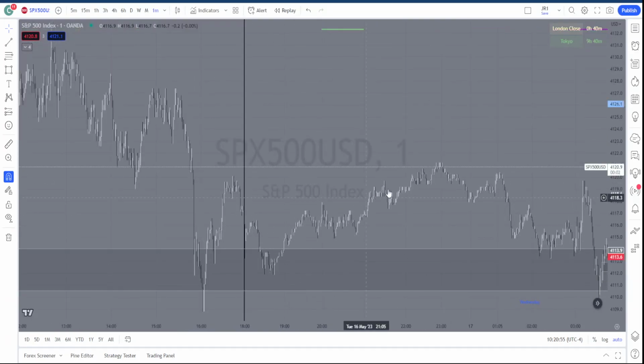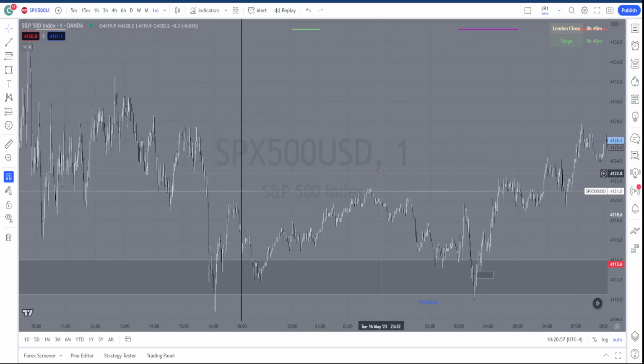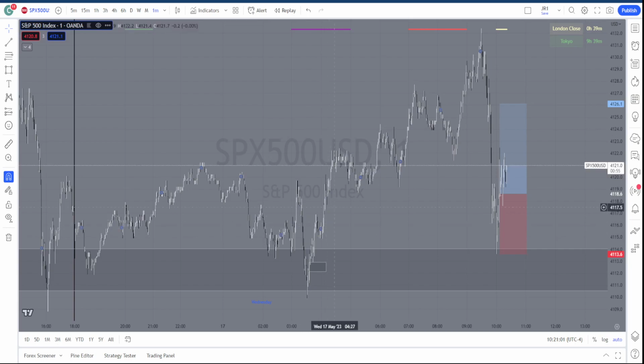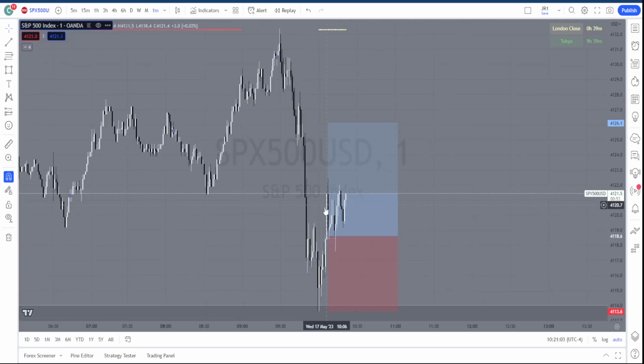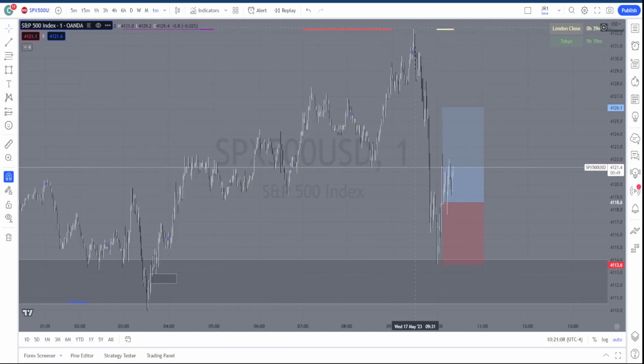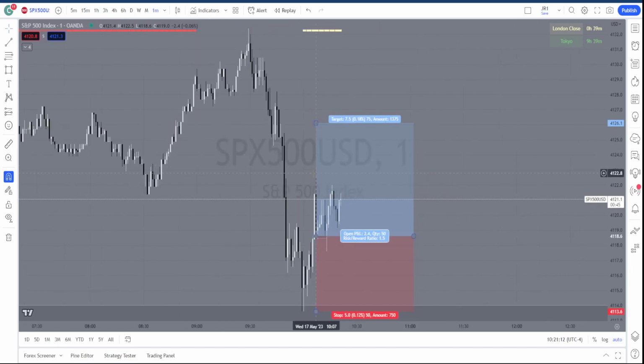And every time it hit it, it bounced. So it bounced here, it bounced yesterday here, it bounced in London session here, and we expect it to bounce and go up now. We're not saying it's going to break this high. It could very well break the high, but we're not saying that. We just want a little piece of this move.